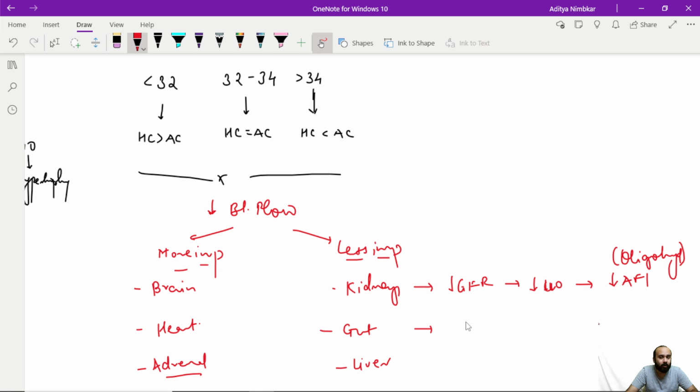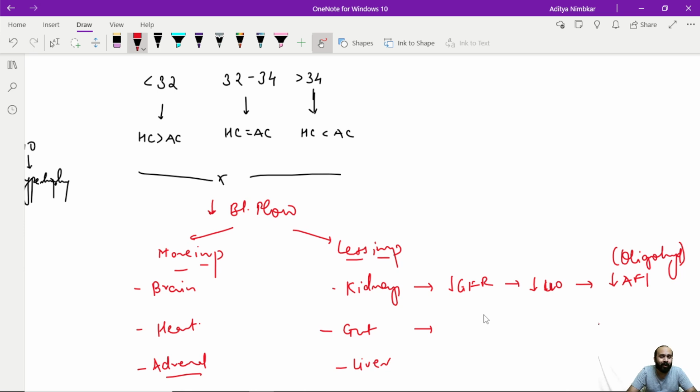The splanchnic circulation has a reduced amount of blood. So if the baby feeds within the first 24 hours from the mother, then that food or that milk is going to go into the intestines, and the intestines, which will have no peristalsis because they were devoid of any blood supply, will have accumulation of the milk, and that will lead to necrotizing enterocolitis and even perforation. I do not want this.